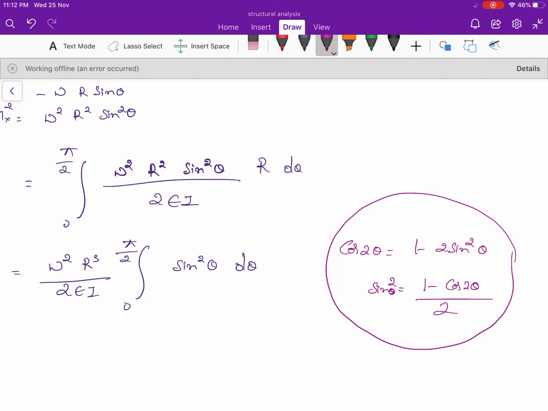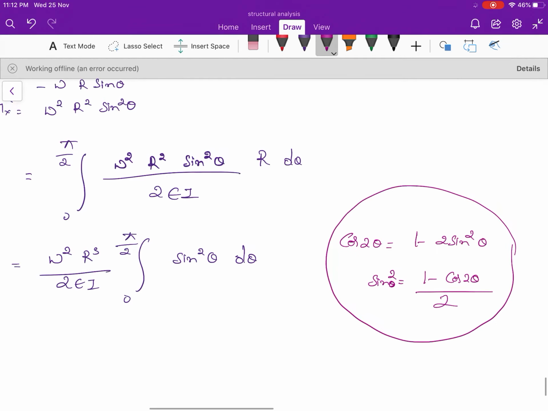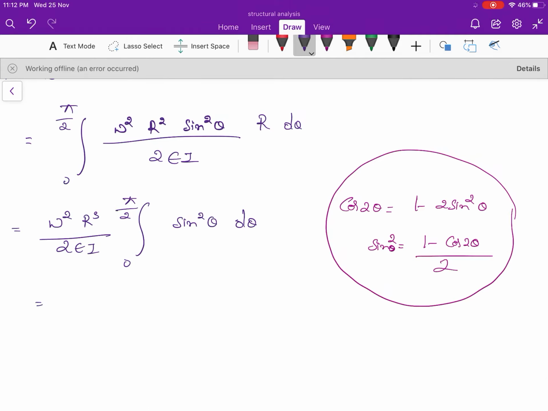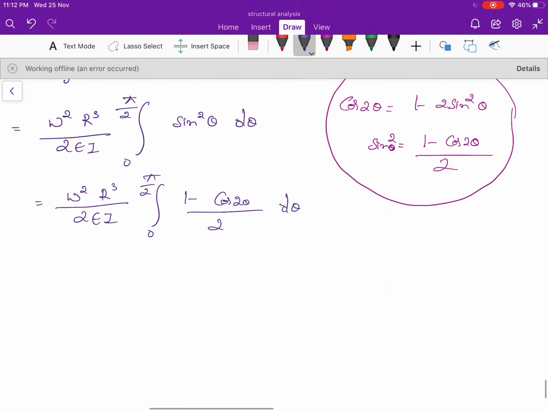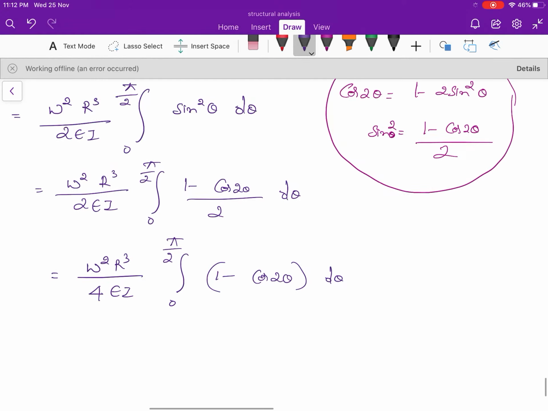So now I am going to apply the sine square theta, where w square r cube divided by 2 EI, integral 0 to pi by 2, where sine square theta is equal to (1 minus cos 2 theta) by 2 into d theta. If you take it outside, w square r cube divided by 4 EI, integral 0 to pi by 2 of (1 minus cos 2 theta) d theta.